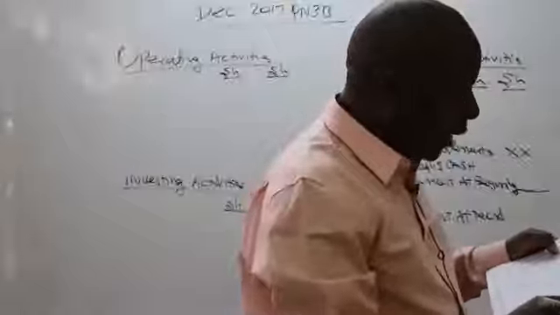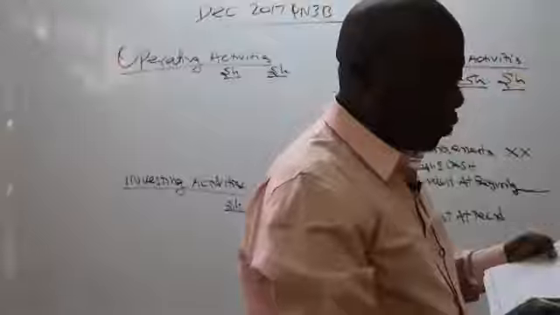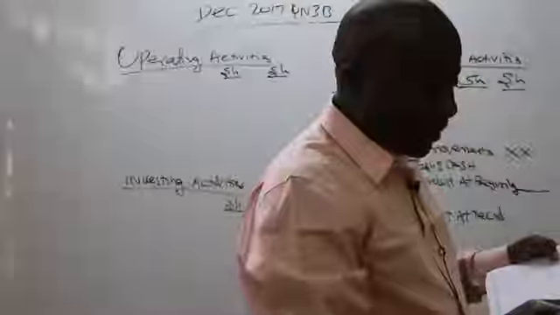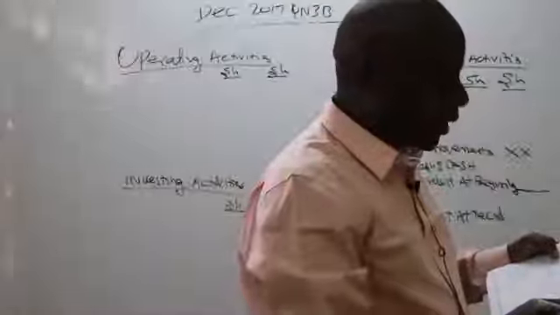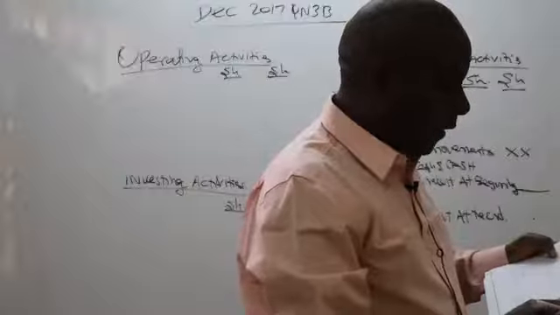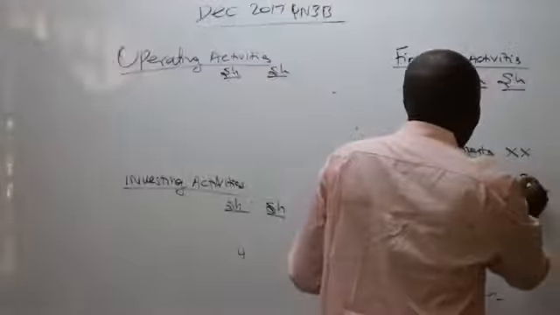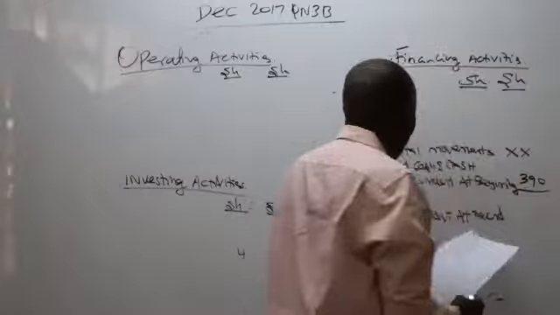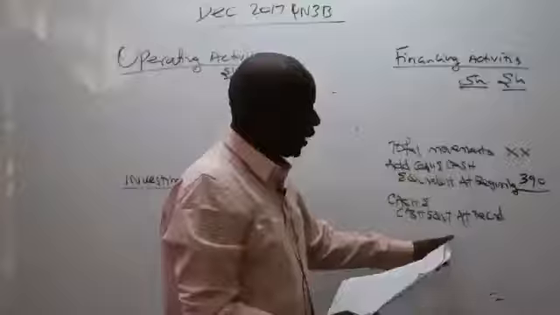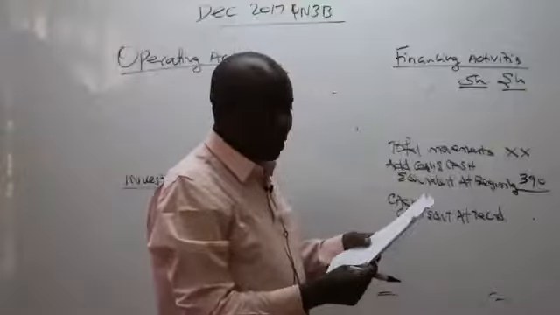If you look carefully, we have cash and bank balances. We have got 2 years. So the 2016 cash and bank balance becomes my beginning balance. So this should be 390. And then I have the cash and the cash equivalents at the end, which is the 2017 figure.